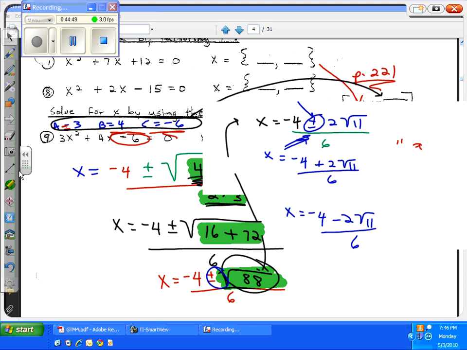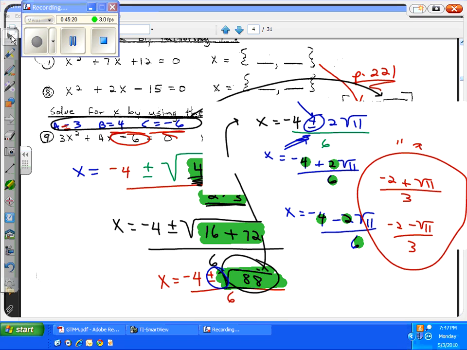It happens that the 4, the 2, and the 6 have a common factor of 2, and so we could reduce by a factor of 2, and we would have here negative 2 plus square root 11 over 3. On the bottom, negative 2 minus square root 11 over 3. And those are our two solutions. So we brought back a lot of algebra on that particular problem.